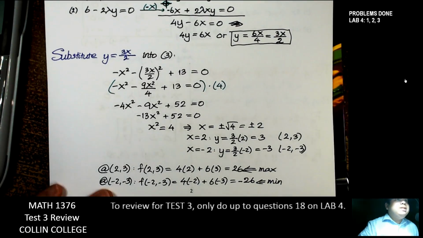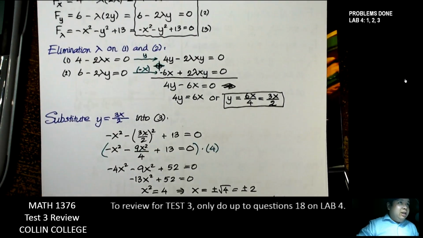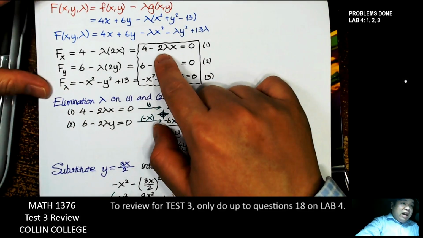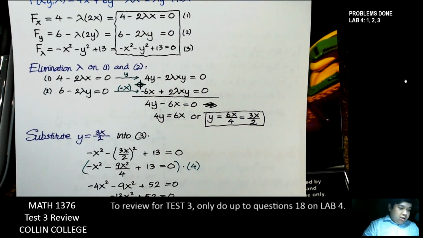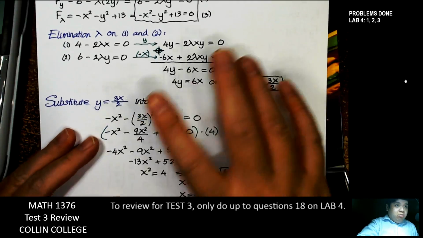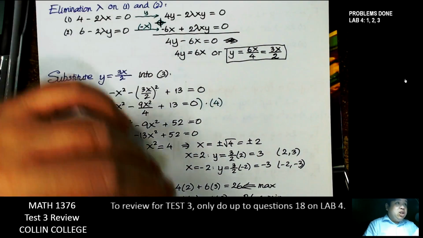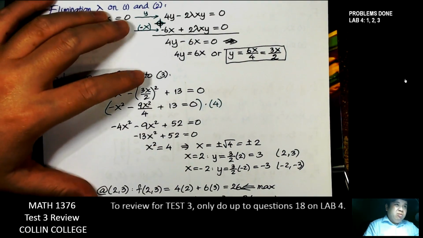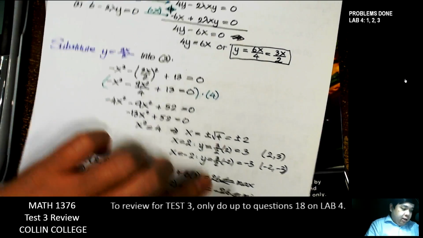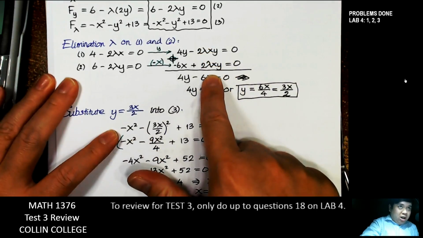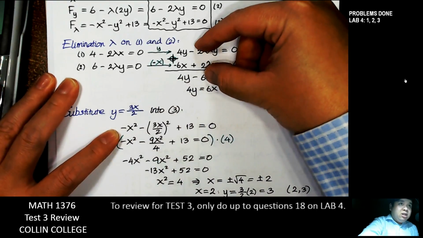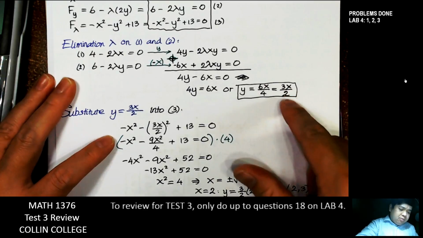Right, I'm back. So again, if the equation has x squared, y squared, lambda x, lambda y, or xy, we have to do elimination or substitution, meaning we have to do it by hand. Here we use the elimination of lambda, try to get the common terms with opposite signs so we can eliminate.